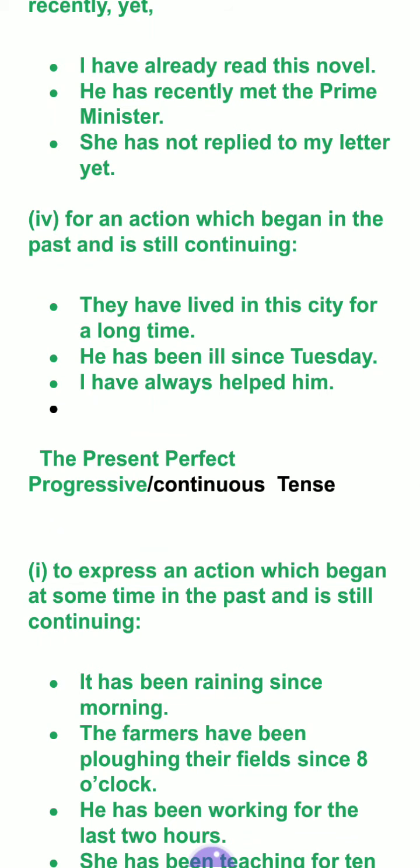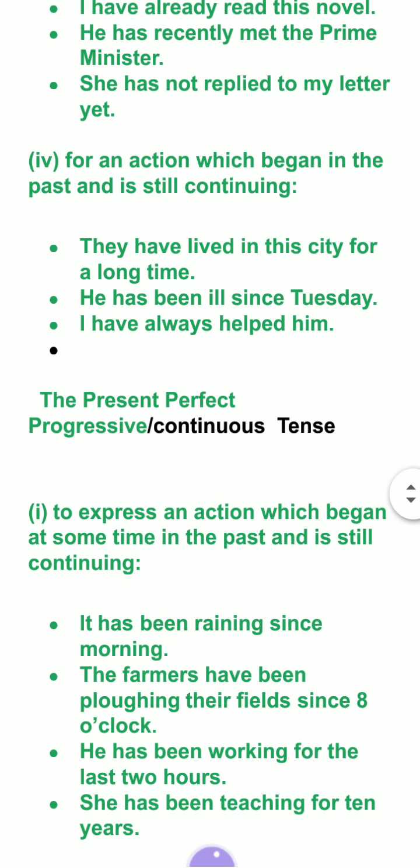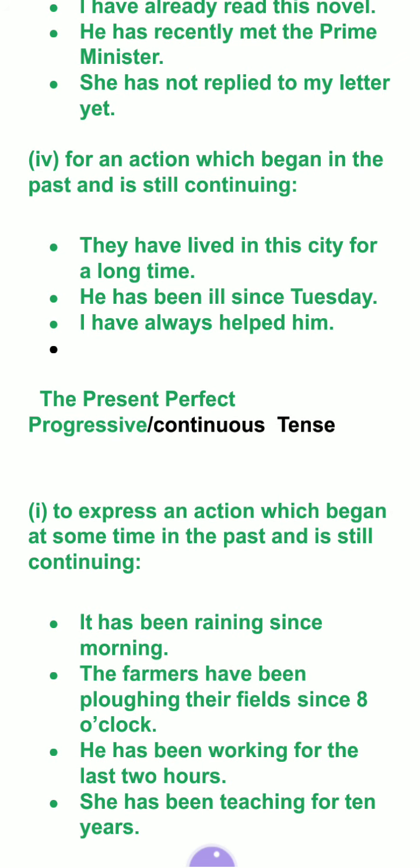Use number 4. Now you please see: for an action which began in the past and is still continuing. Yes, this is a very important use. If something has started in the past and is still continuing, here we use present perfect tense. Like, they have lived in this city for a long time.